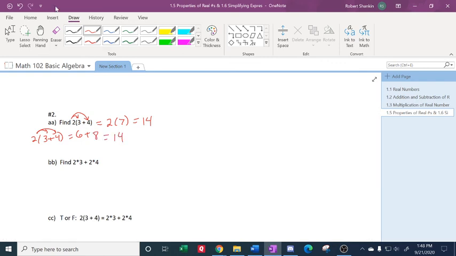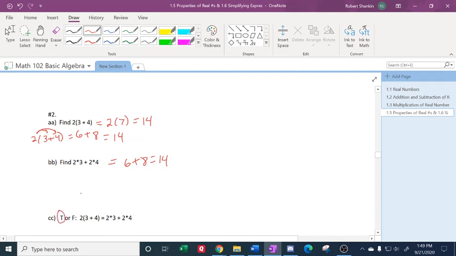Either way, you come up with 14. Okay, and on B, what'd you get? I got 14 as well. And so C is true.